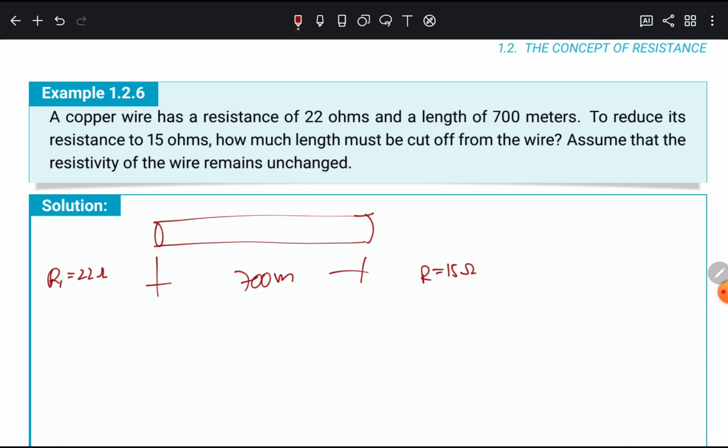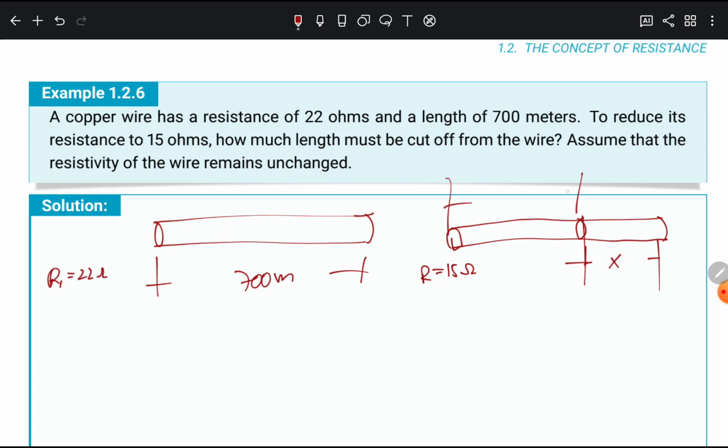And it is asking how much length we should cut off from the wire so that it will become a 15 ohm resistance. Let's call it X for the wire that we will be cutting off.